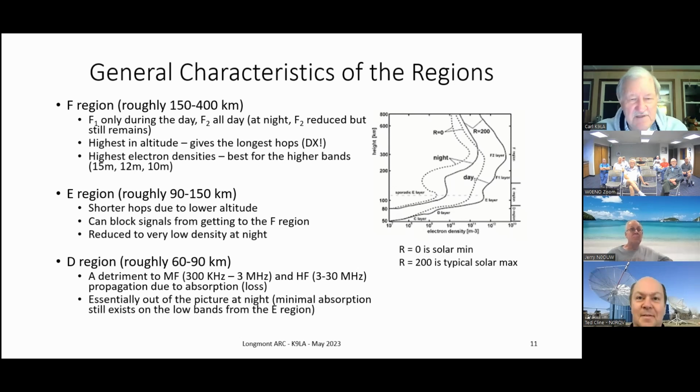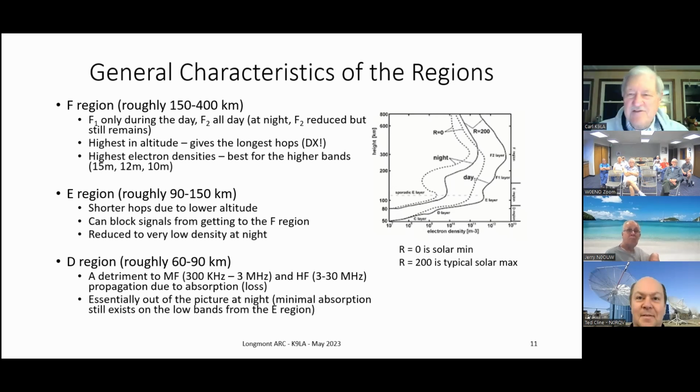The D region is 60 to 90 kilometers. Its claim to fame is it's a detriment to propagation because of absorption. That's ionospheric absorption. At night, it's pretty much out of the picture, but there is still some absorption on the low bands from the lower E region. So we don't ever get rid of absorption.